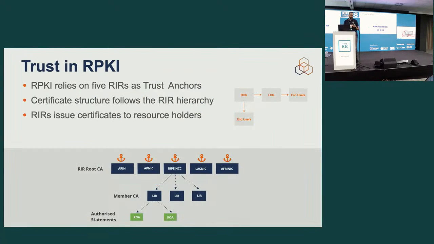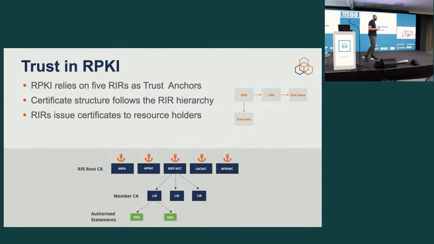So this induces a certain level of trust that typically what you find in the RPKI repositories reflects what the holders of these IP addresses want. Now, whether it is updated or not, whether they were created correctly or not, that's a different story.